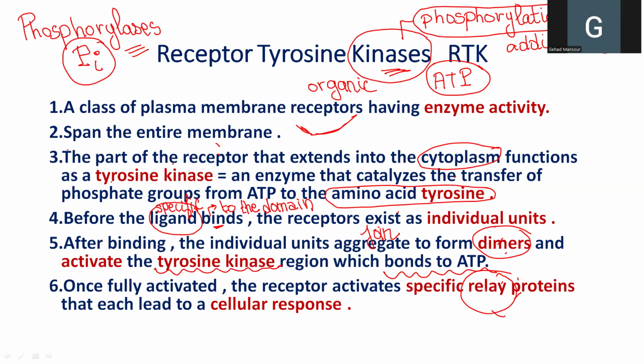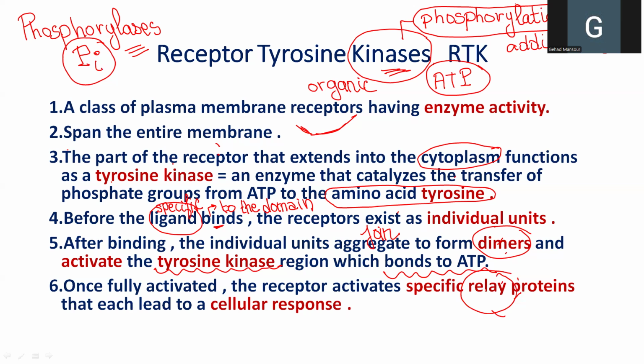When it binds to ATP, it takes the phosphate group and transfers it to the substrate, which is a protein. We call this a relay protein because it will itself activate a following protein and so on until we obtain the full cellular response.